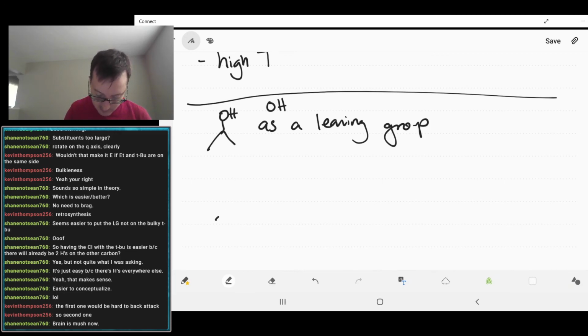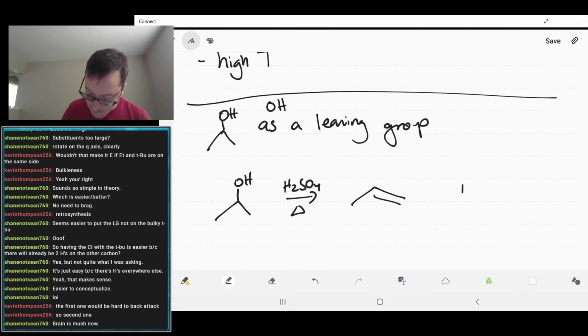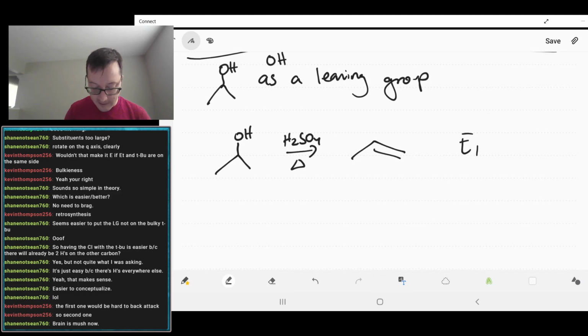All you need to do is treat this with some sulfuric acid, and you will eliminate via an E1 type reaction. Because in the presence of the acid, you will protonate your oxygen.